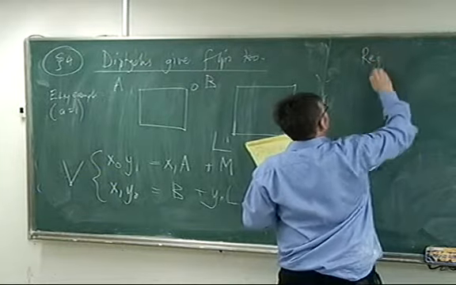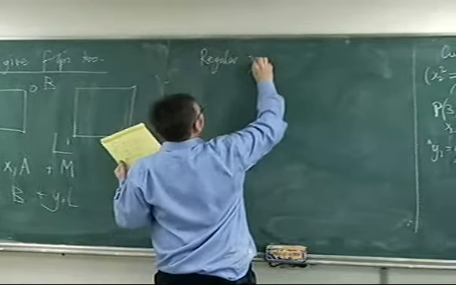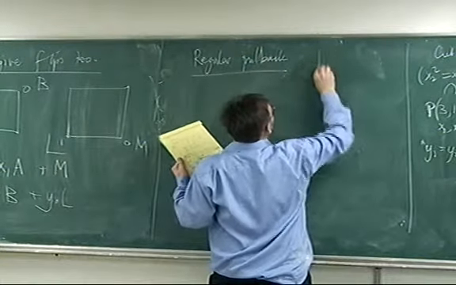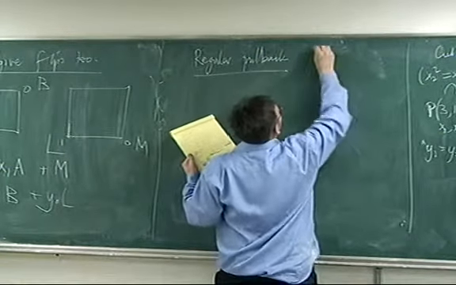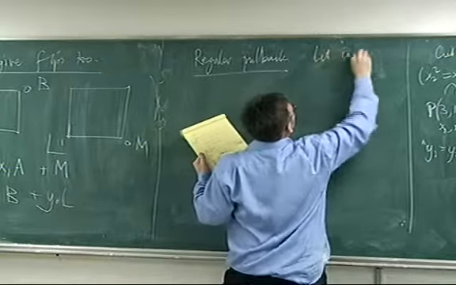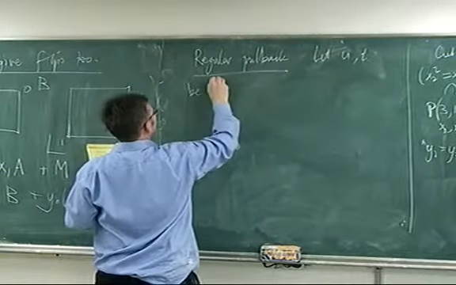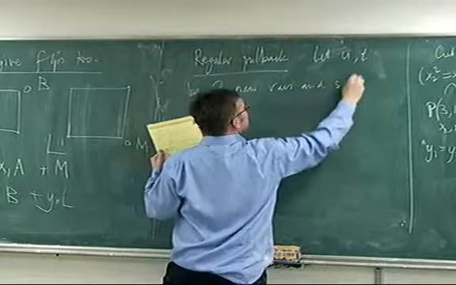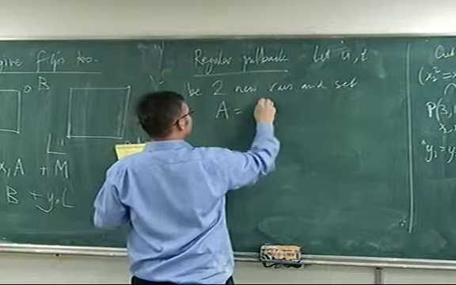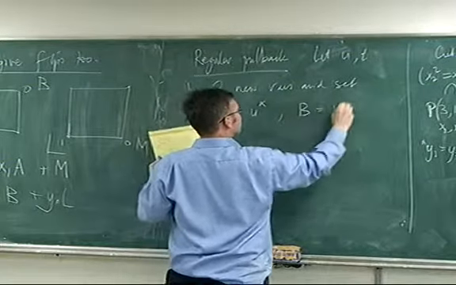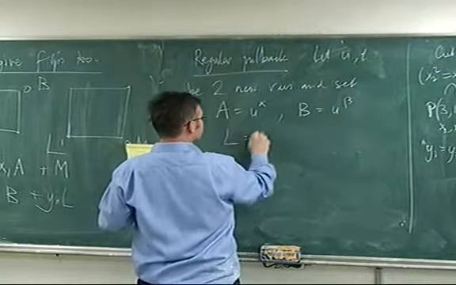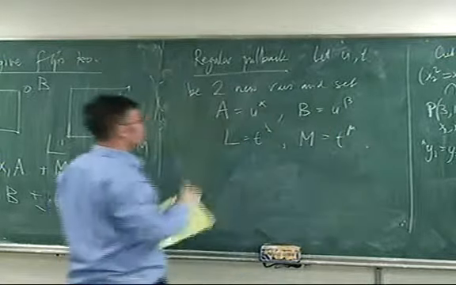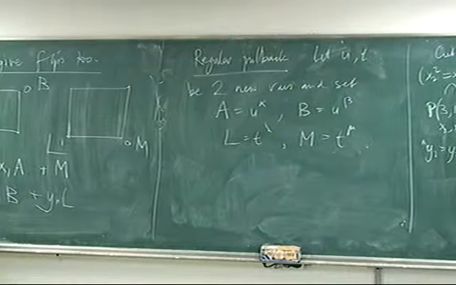There's a little intermediate step here, which is called regular pullback. Let U and T be two new variables and set A is U to the alpha, B is U to the beta, L is T to the lambda, and M is T to the mu, with positive integers alpha, beta, lambda, mu.